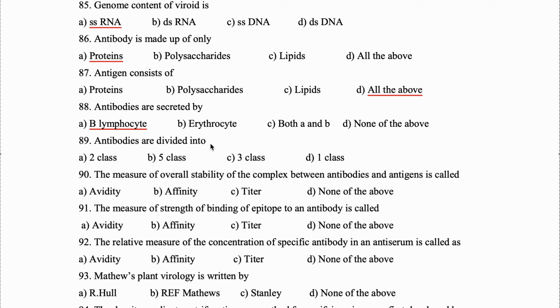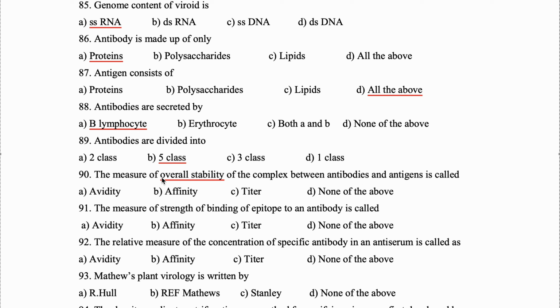89. Antibodies are divided into 5 classes. I don't remember right now, it was something like IgG, IgA, IgE. There are 5 classes of antibodies. Question 90. The measure of overall stability of the complex between antibody and antigen.